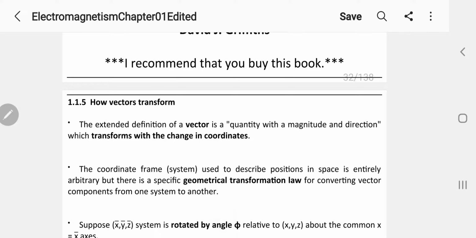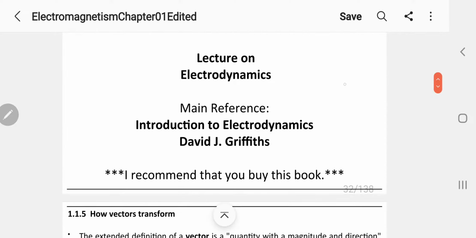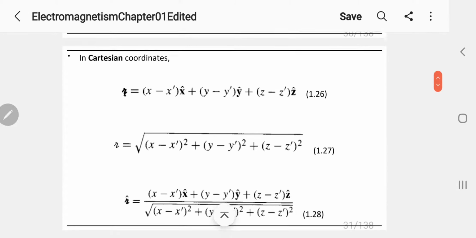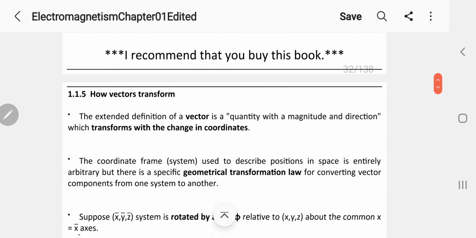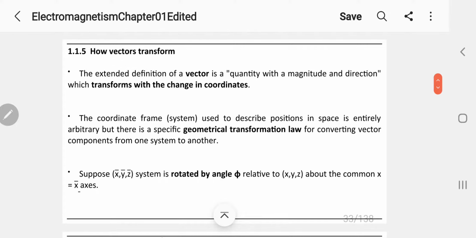So to continue, we have studied vectors last time, and now let's look at how a vector transforms from one frame to another frame. For example, a frame could be the three-dimensional coordinate system, the way we used to look at it.